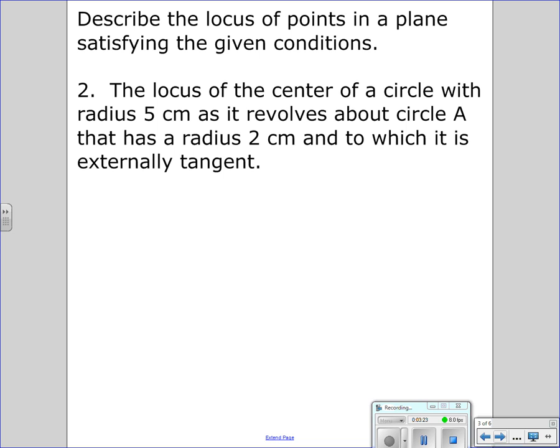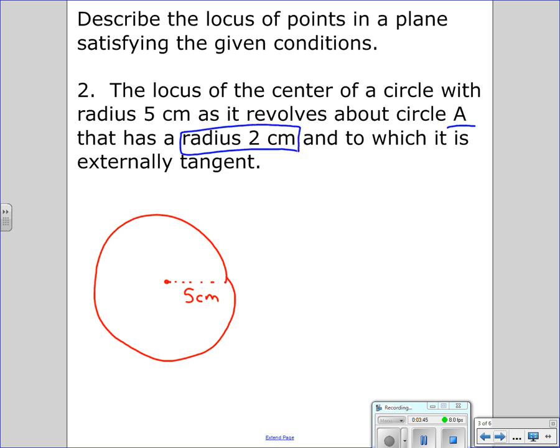So let's talk about a circle whose radius is 5 centimeters. Okay, so that's our circle. As it revolves about a circle A that has a radius of 2 centimeters, and to which it is externally tangent.